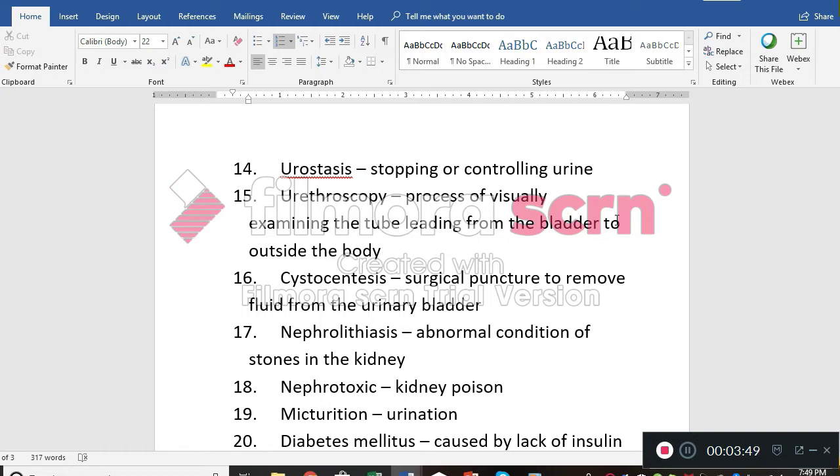Stasis we know is stopping or controlling, and then uro is urine. So urostasis is the stopping or controlling of urine. Number 15 is urethroscopy. This is the process of visually examining the tube that leads from the bladder to outside the body, which is also known as your urethra.